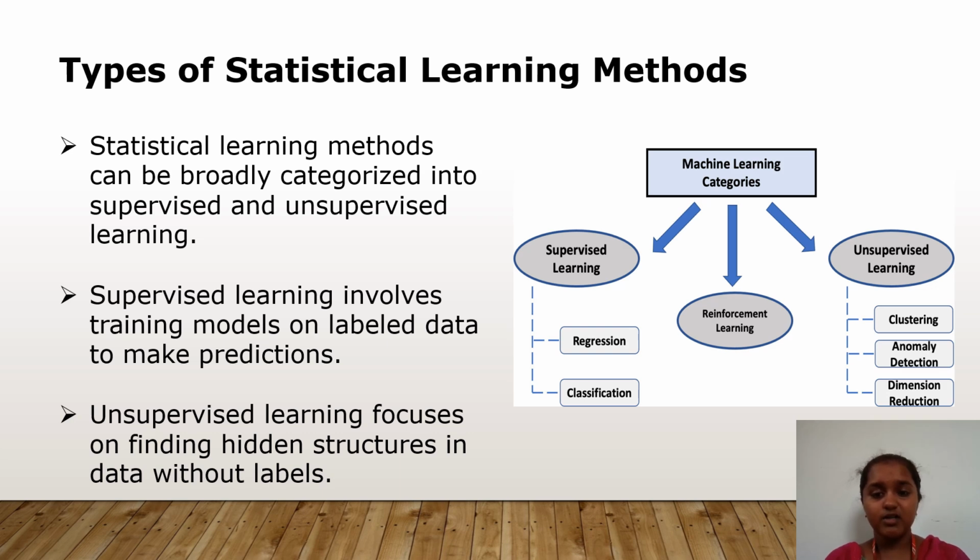Here we can observe the classification: supervised and unsupervised learning. Supervised learning contains regression and classification, whereas unsupervised learning contains clustering, anomaly detection, and dimension reduction.